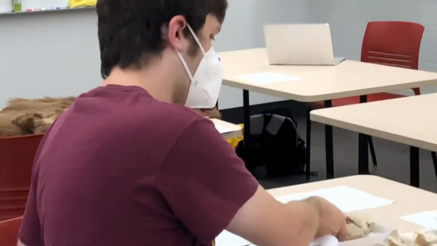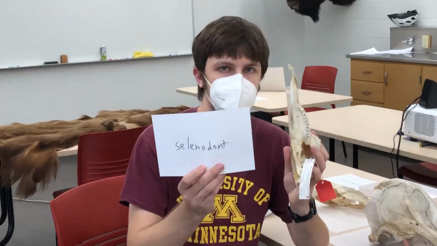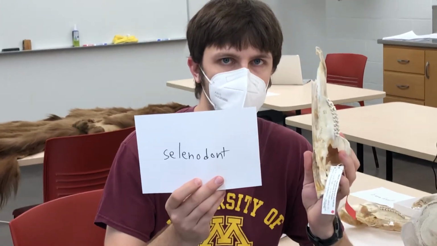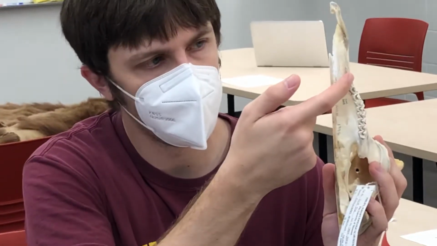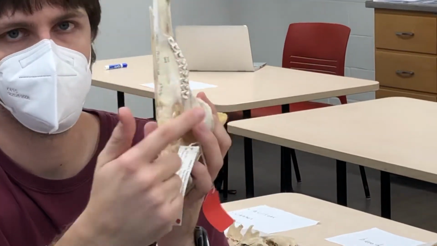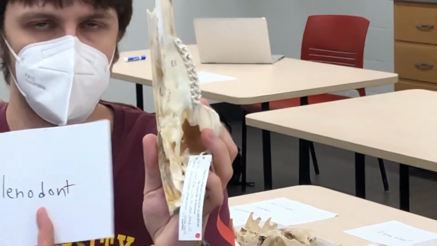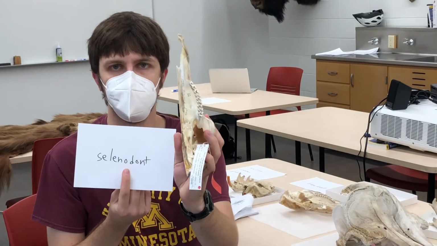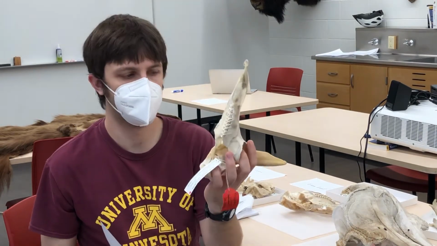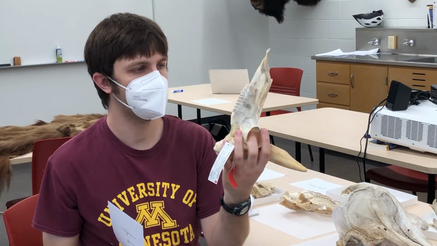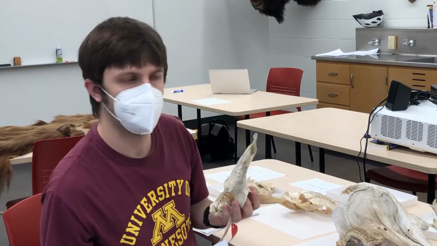Now, a different herbivore dentition is selenodont, where rather than the ridges going horizontal across the skull, they're more vertical and they form these little crescent moon shapes. The word selenodont literally means moon tooth. So this right there, selenodont, is also what we see in all of our native ungulates.